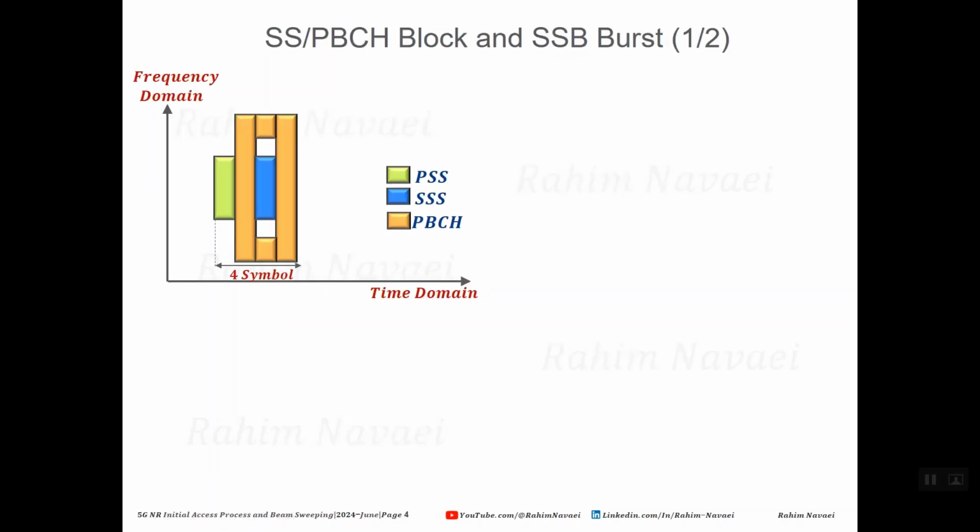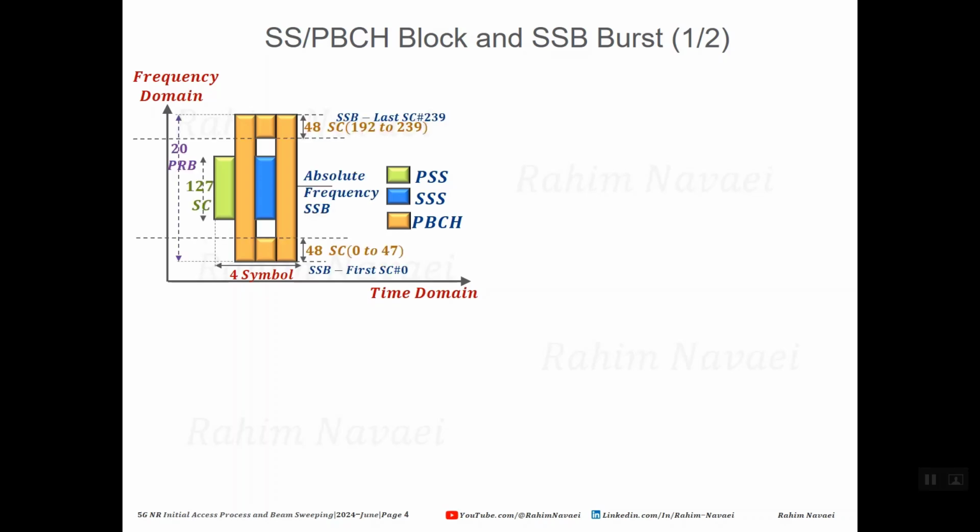In the time domain, the Synchronization Signal Block SSB consists of 4 consecutive OFDM symbols. In the frequency domain, as I mentioned earlier, the SSB consists of 20 resource blocks, 240 subcarriers.